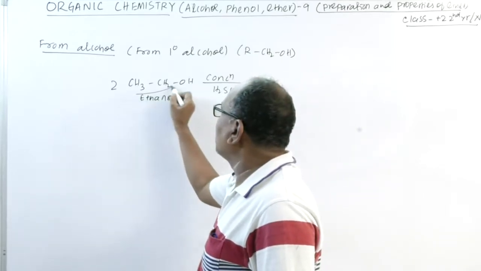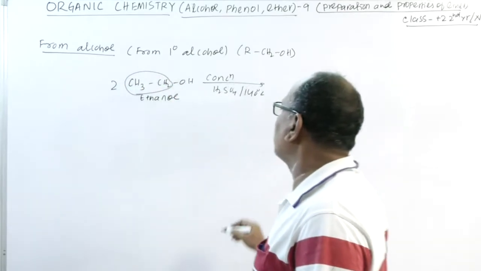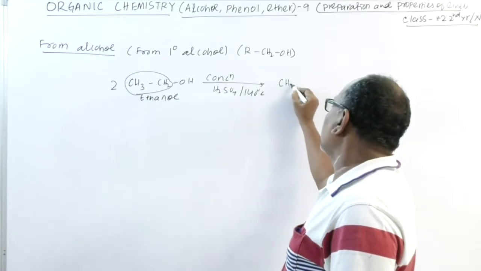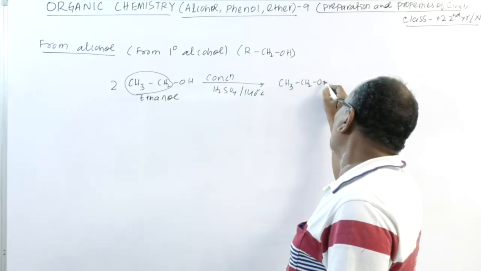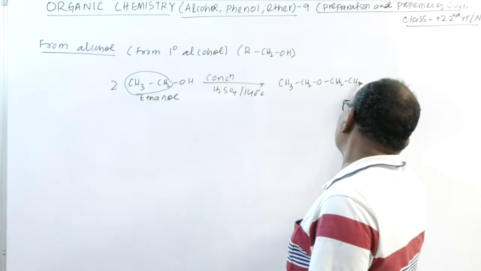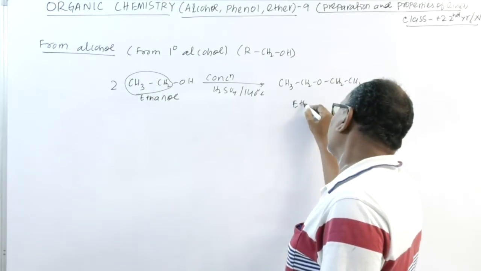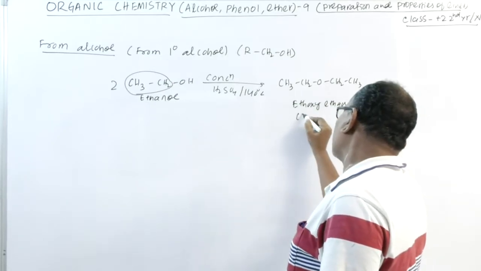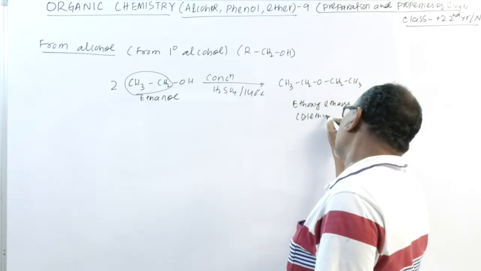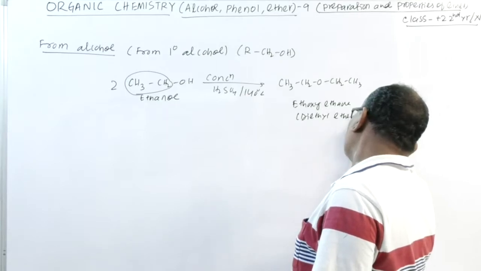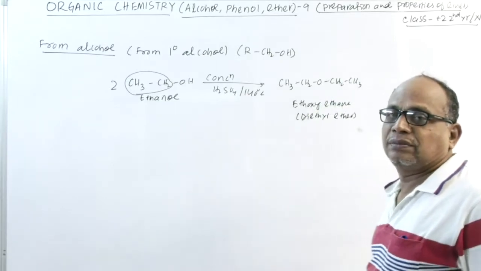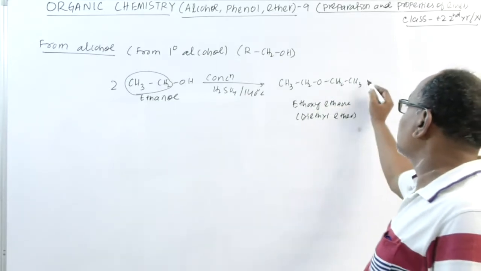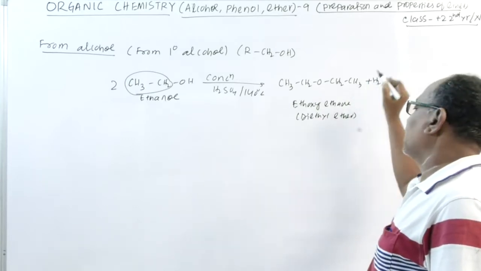This is your R, so it gives CH3CH2OCH2CH3. This is called ethoxyethane, or you can say diethyl ether, plus water.